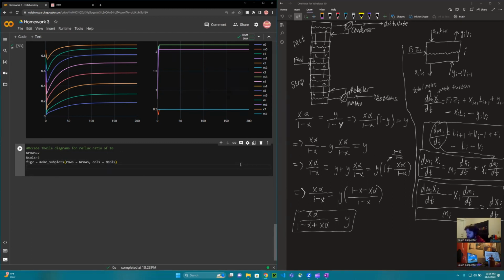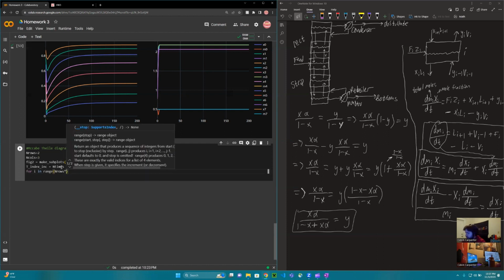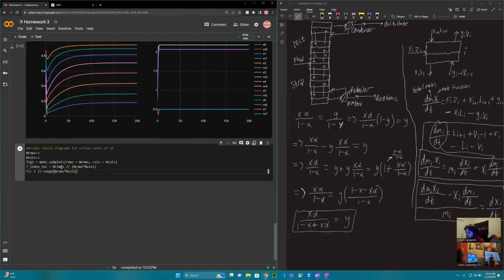Okay, so next T index underscore C. I'm going to do T index times divided by n rows times n cols.